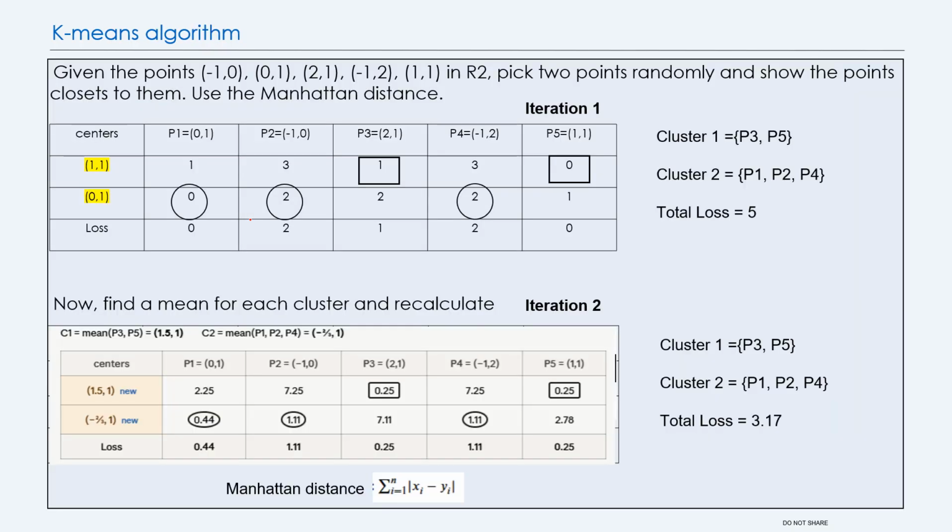So let's take a look at a particular example. Suppose we have 4 points in the two-dimensional space. If you actually plot these, you're going to see the clusters very clearly, with which ones are closer to each other. But we're going to do this using an algorithm called the k-means algorithm, and I'm going to show you a demonstration of it. Basically, we're going to pick two random points as the centers.